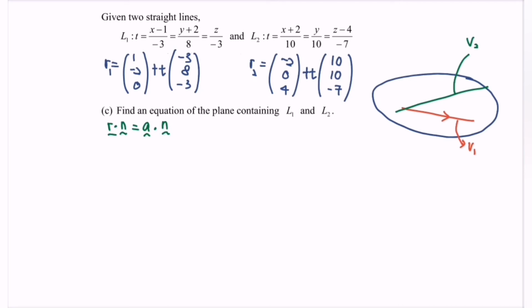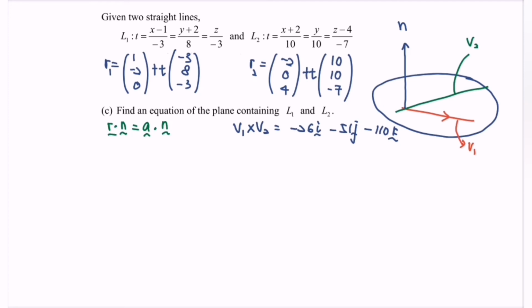Here n is the normal. So how to find the normal? First, we cross V1 with V2. Previously, we already have V1 cross V2, which is -26i minus 51j minus 110k, from part A.